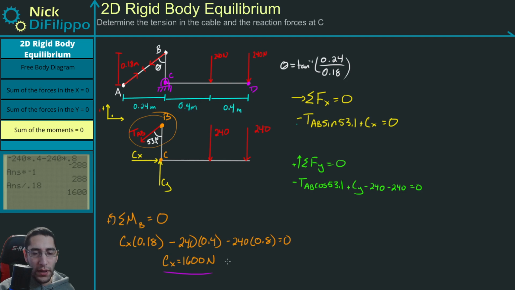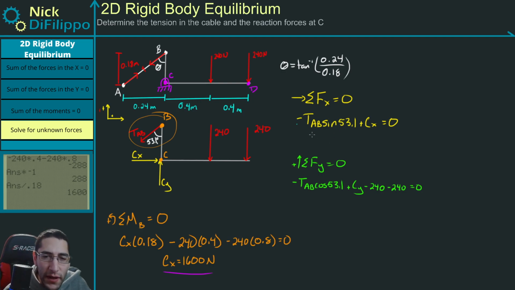Okay. Now, we can actually use this to solve for our other unknown forces. When we use this to solve for our other unknown forces, we can bring Cx over here. Let's actually rewrite this now as TAB sine of 53.1 is equal to Cx.